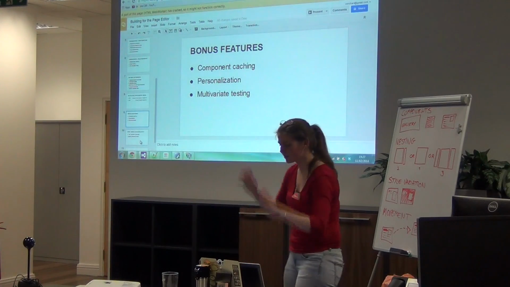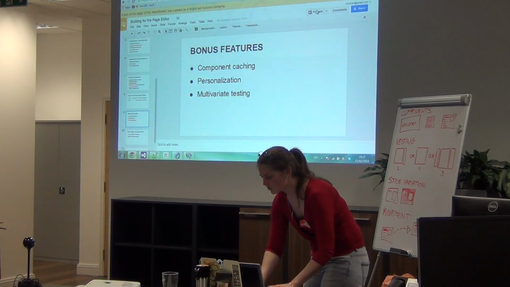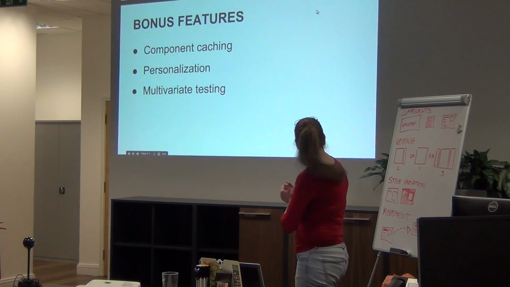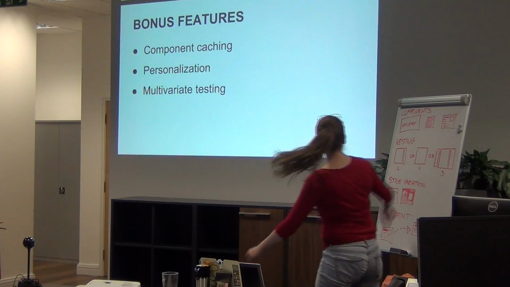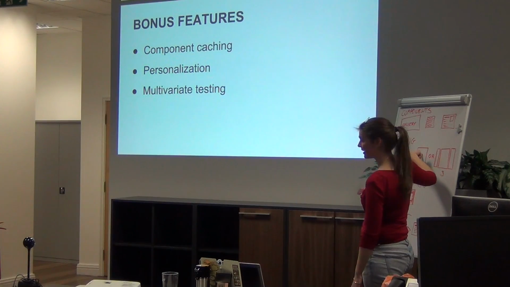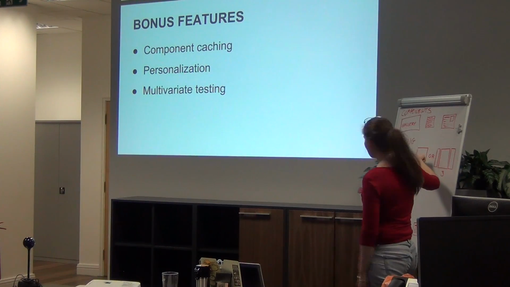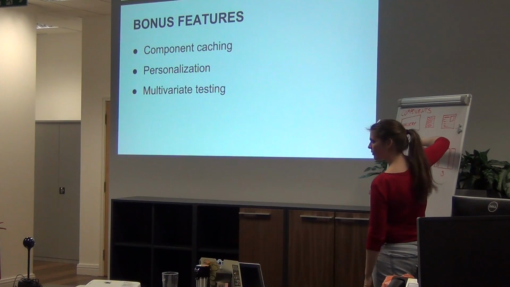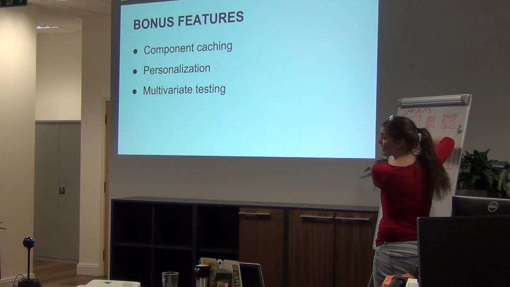Before I talk about Sitecore MVC, here are some quick things to watch out for. Say you've got a placeholder called main, and you put a two-column component in here with a placeholder called two columns.